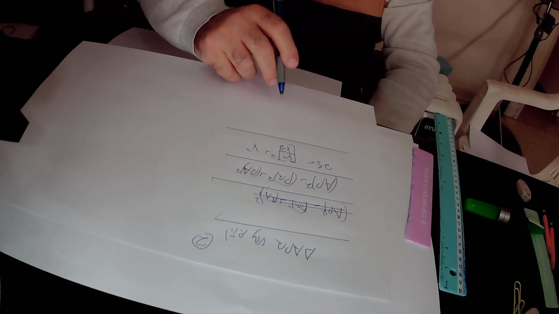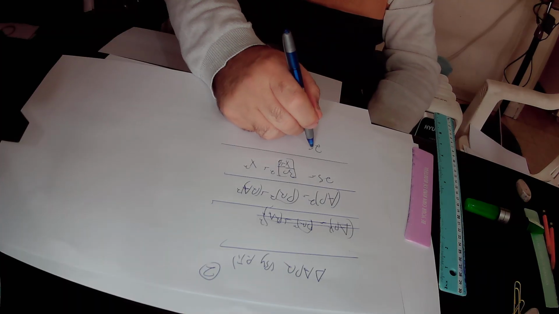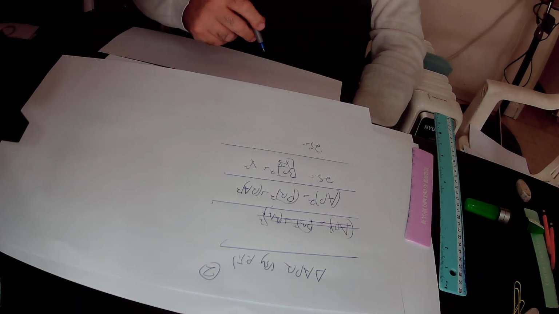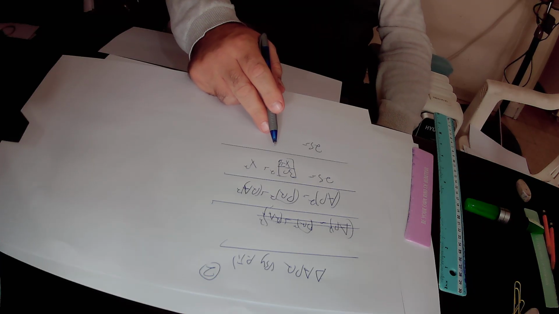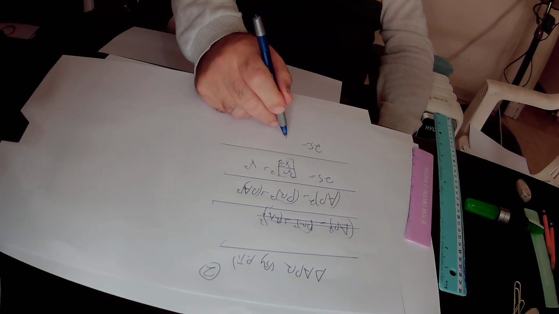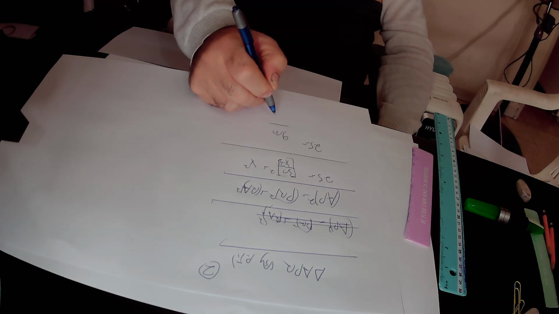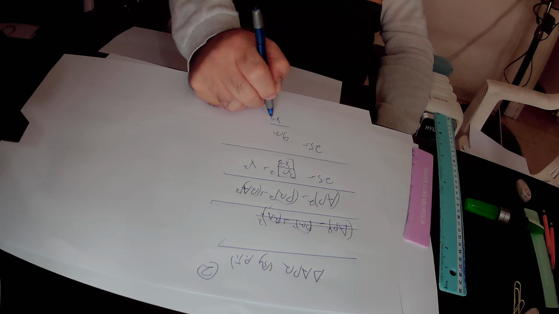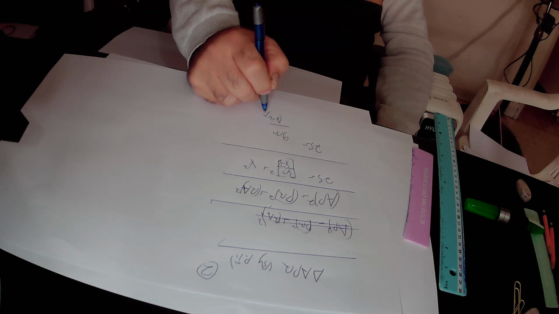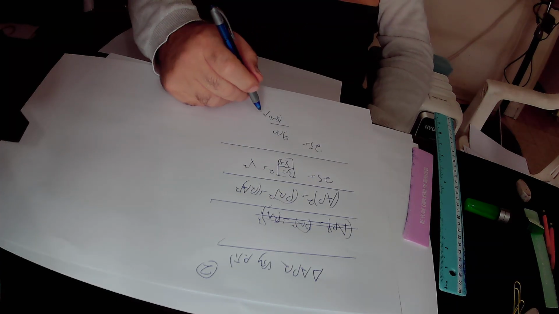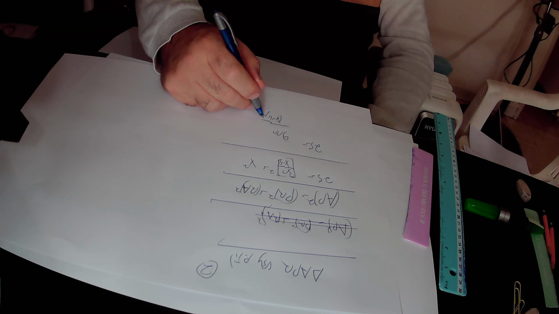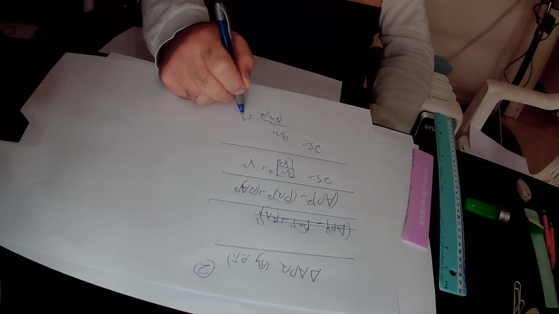plus x squared. So 25 equals, here we open the brackets of this expression, (30 over x plus 6) squared equals 30 squared, that is 900, over (x plus 6) squared, plus x squared.